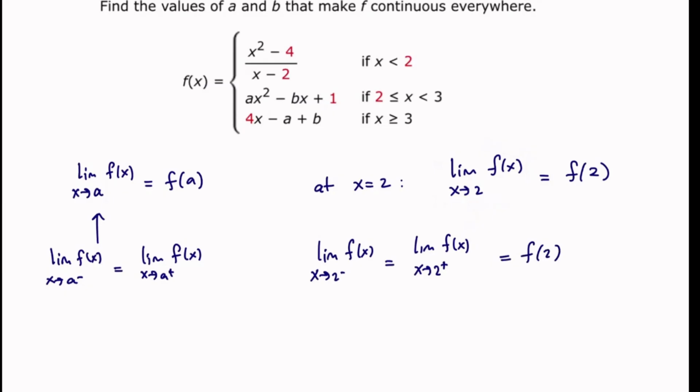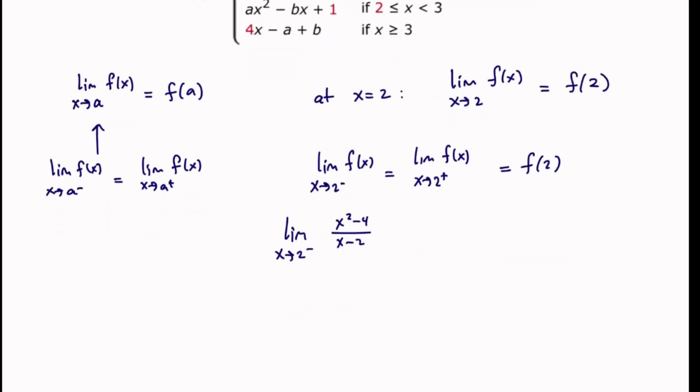So let's see, what is the limit of f of x as x approaches 2 from the left? We're going to look at 2 from the left, so less than 2, in this interval. That's the function to use. So we will be replacing f of x with that piece. So we have the limit as x approaches 2 from the left of x squared minus 4 over x minus 2. Now let's take this limit. We need to simplify this first, because you can't do direct substitution. If you substitute 2, you'll have 0 in the denominator. That's a problem.